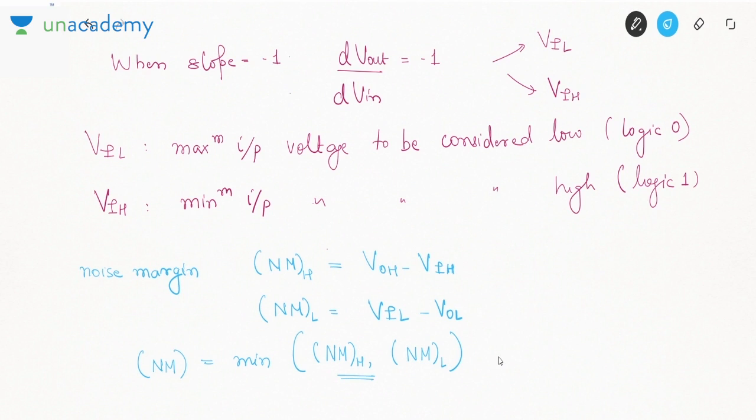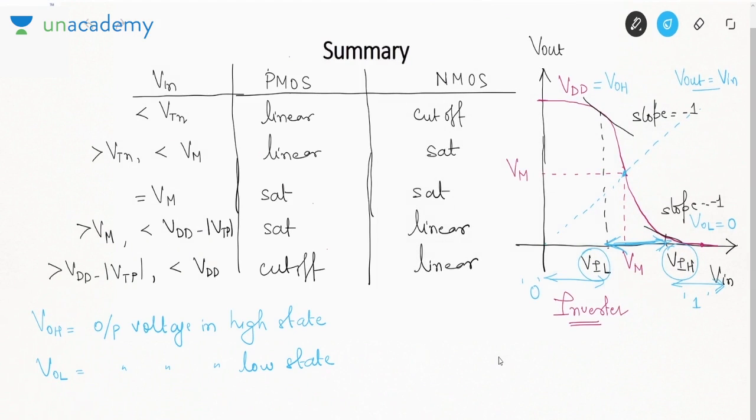Okay. So one thing, if I ask you, if VM increases, what happens? Curve moves towards right. See the curve. If you increase this VM, this curve will move towards right.